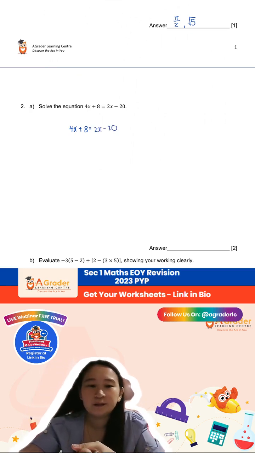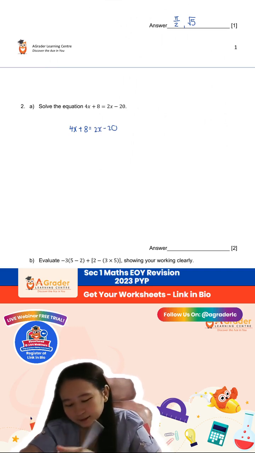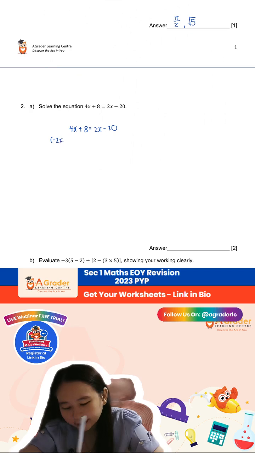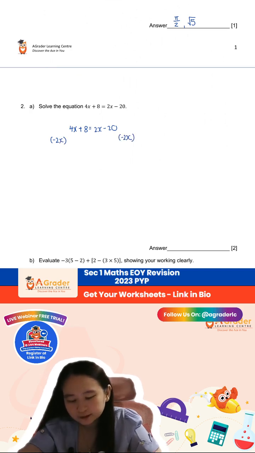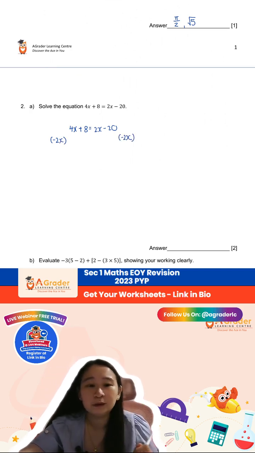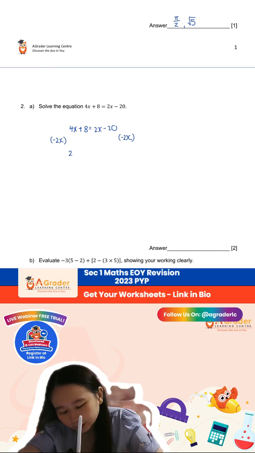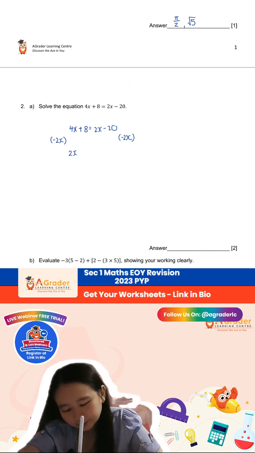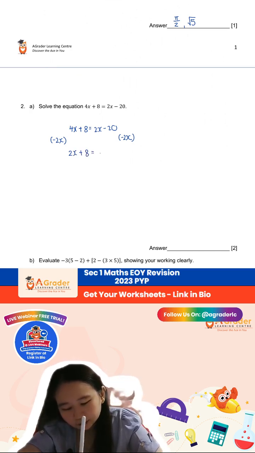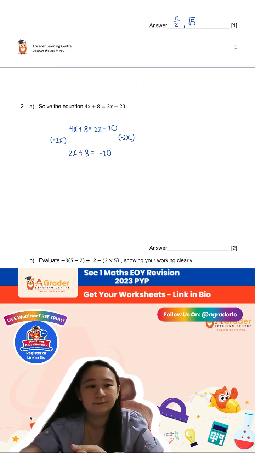So we want to leave unknown on one side. So we can minus 2x on both sides, such that my unknown will only be left on the left-hand side. So 4x minus 2x, I'm left with 2x plus 8 equals to negative 20.